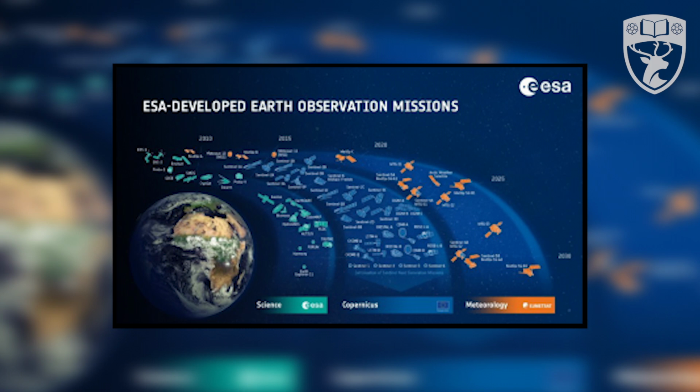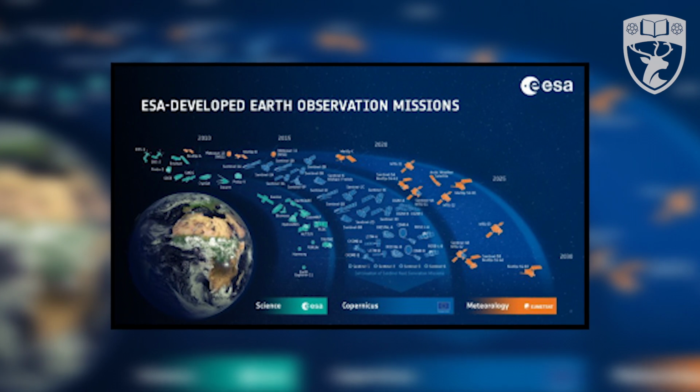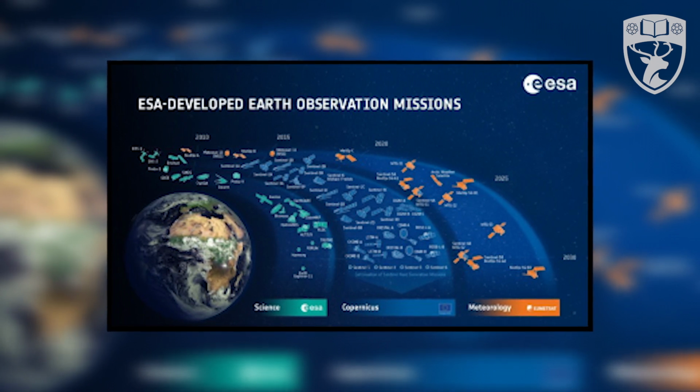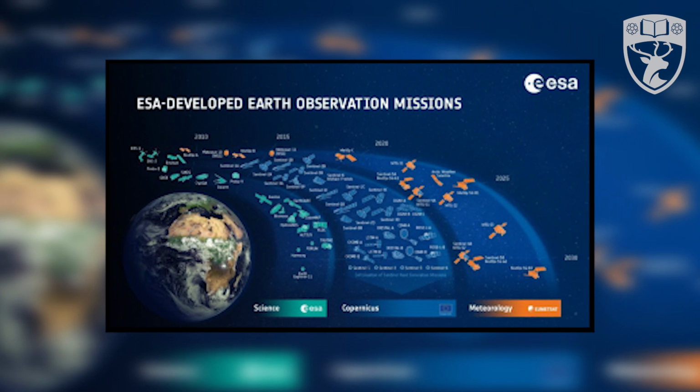Because we are in an era of what we call big Earth observation data. This is an example from the European Space Agency showing different types of satellite missions. From 2000 onwards, there is an increasing number of satellites available, which provide data on different aspects of our environment.